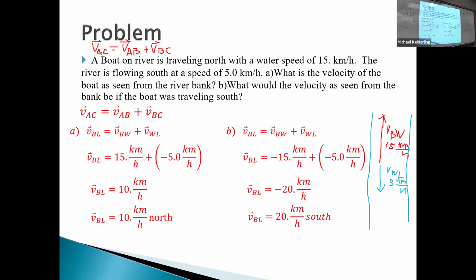So their speeds would effectively add. When you're moving in the same direction as the water is moving, your speeds are going to add. If you're in opposite directions, they're going to cancel. Like if you were in a plane with a headwind, where the wind is blowing into your face, that's going to slow you down, so you'll subtract. If you have a tailwind, where the wind is blowing from behind you, that's going to speed you up, and we'll add them.